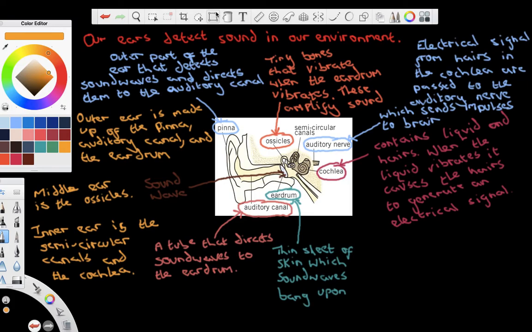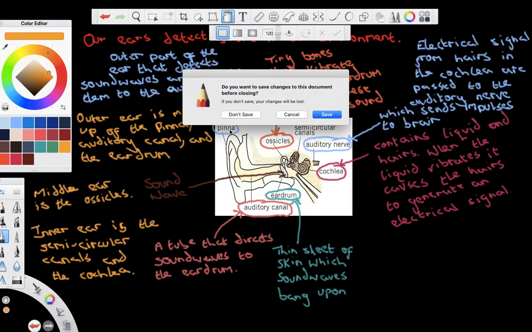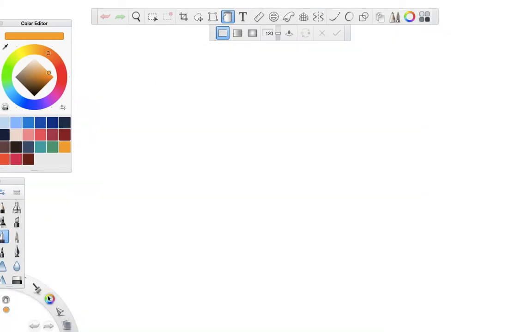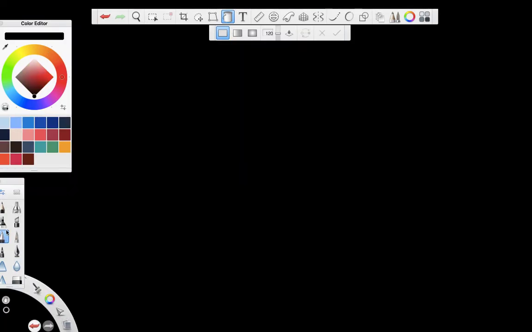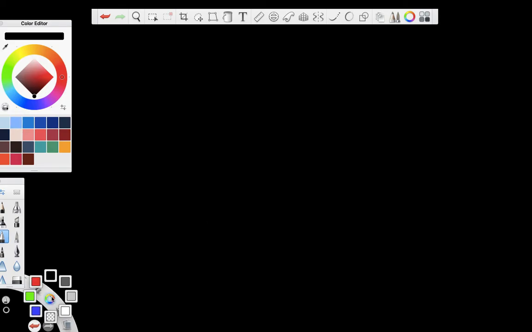So, we need to now talk about how your hearing can be damaged. Let's just refresh our screen and put the subheading, how can you damage your hearing?